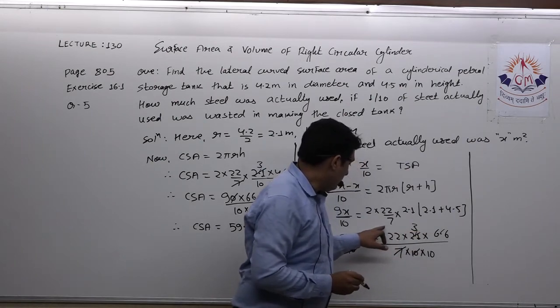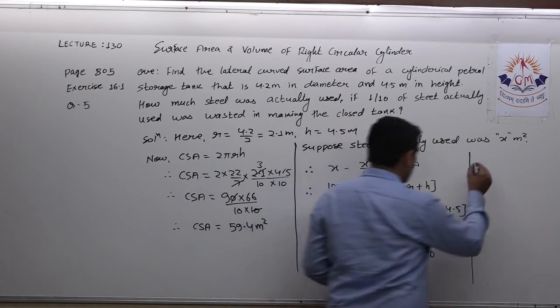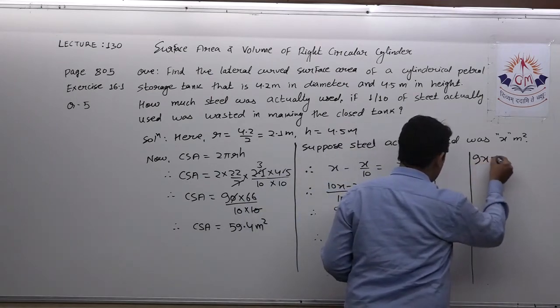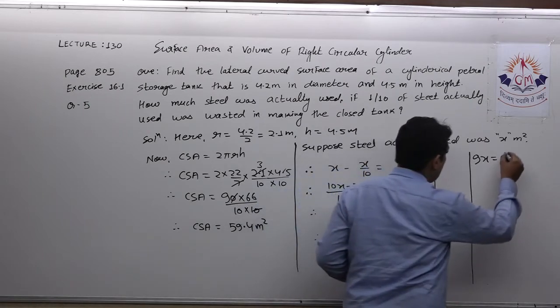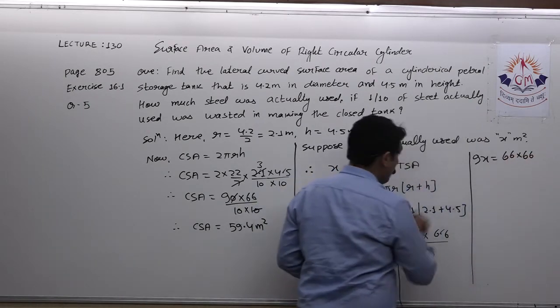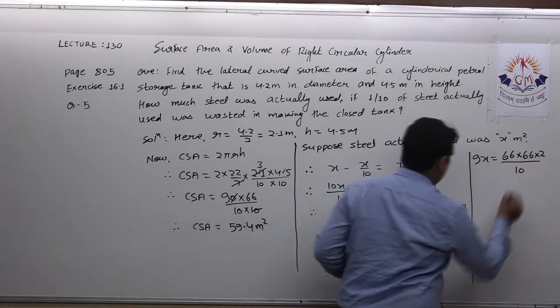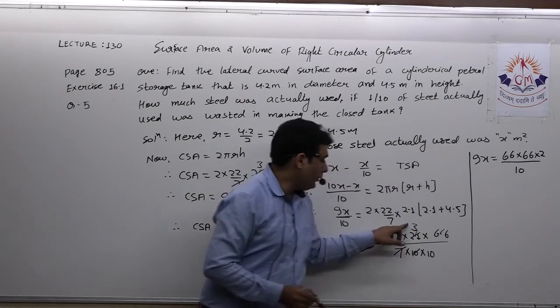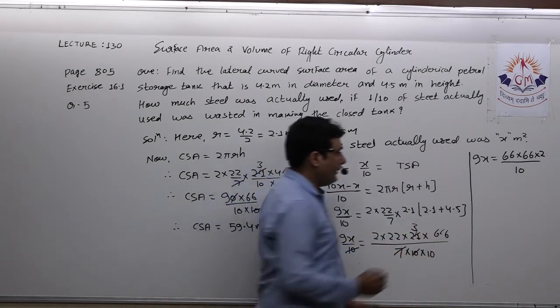22 into 3 is 66. So 9x is equal to 2 multiplied by 66 multiplied by 66 divided by 10.